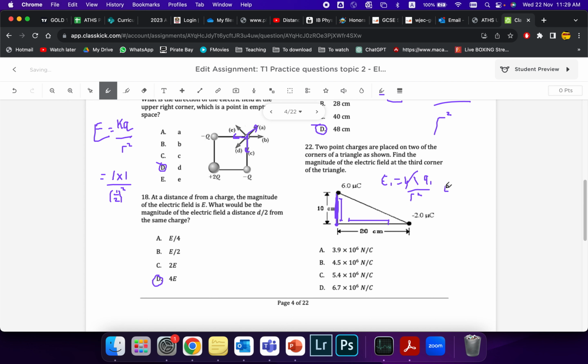Then I will do E2 equals KQ2 over R squared, that is maybe this one over here. Once you've done that, you'll just do the square root of E1 squared plus E2 squared. This is just Pythagoras, that's all. Solving that, if you do it correctly, you should get 5.4. I'm going to stop there because this video has been long enough.